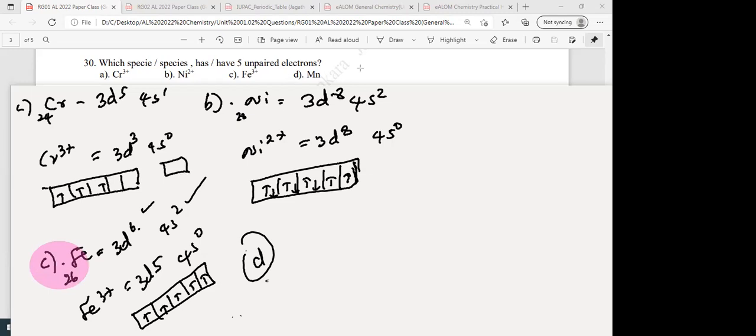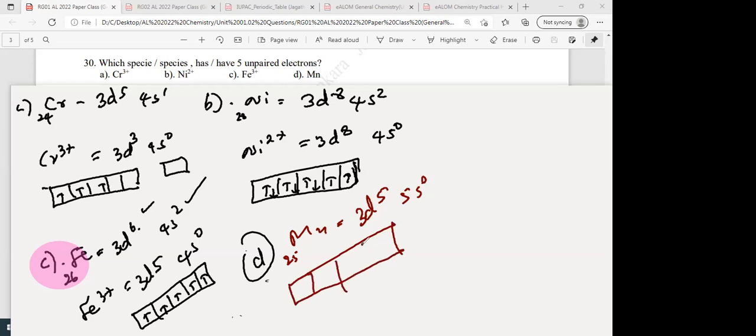Manganese, Mn. What is the atomic number of manganese? 25, no? Then you can write 3d5 4s2. So you get directly 3d5 here. Then you get 1, 2, 3, 4, 5. You have done Hund's rule.